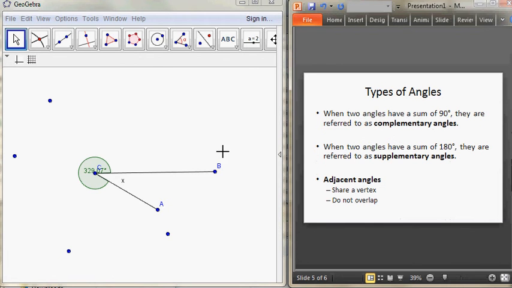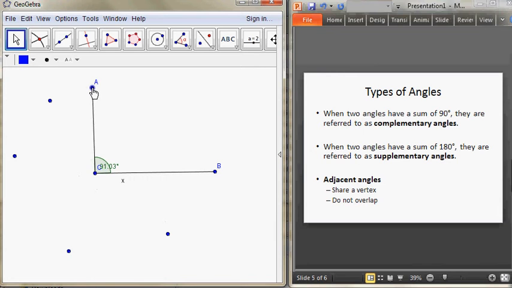Types of angles. We're going to look at three types today. When two angles have a sum of 90 degrees, they're referred to as complementary angles. So for example, here we have almost 90 degrees.